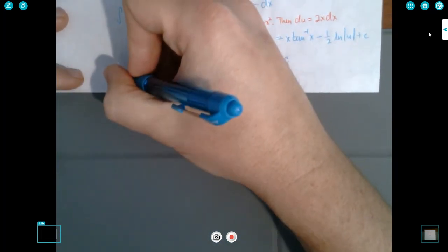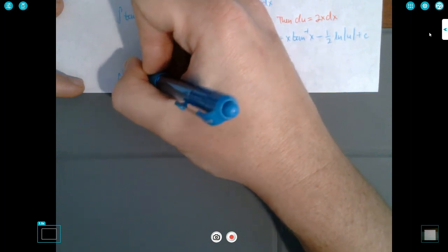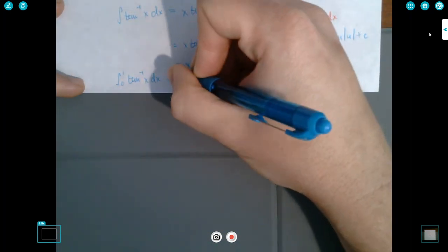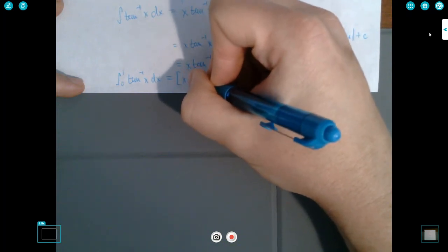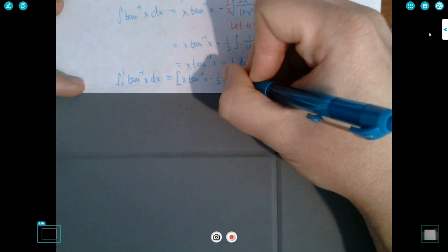So then to do the definite integral, the integral from 0 to 1 of tangent inverse of x dx would just be x tangent inverse of x minus 1/2 times the ln of 1 plus x squared, evaluated from 0 to 1.